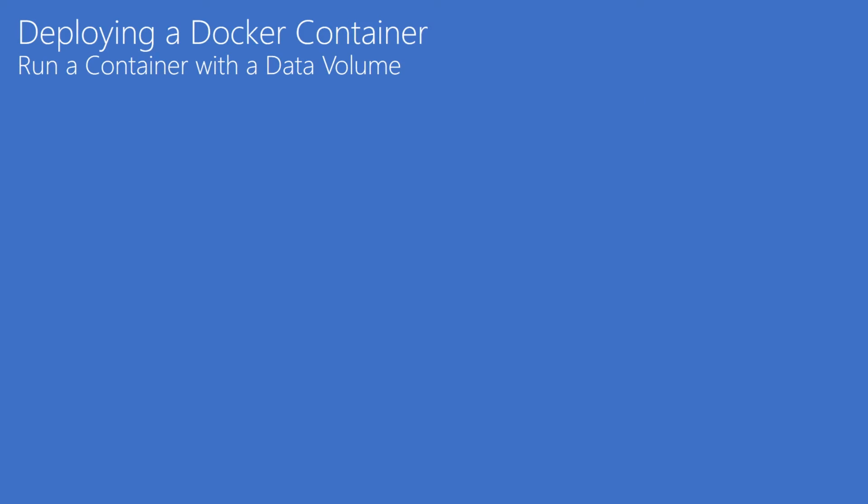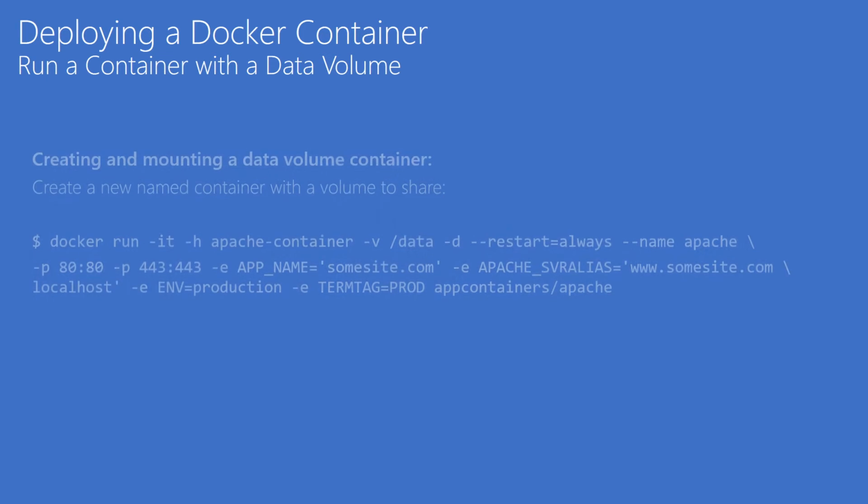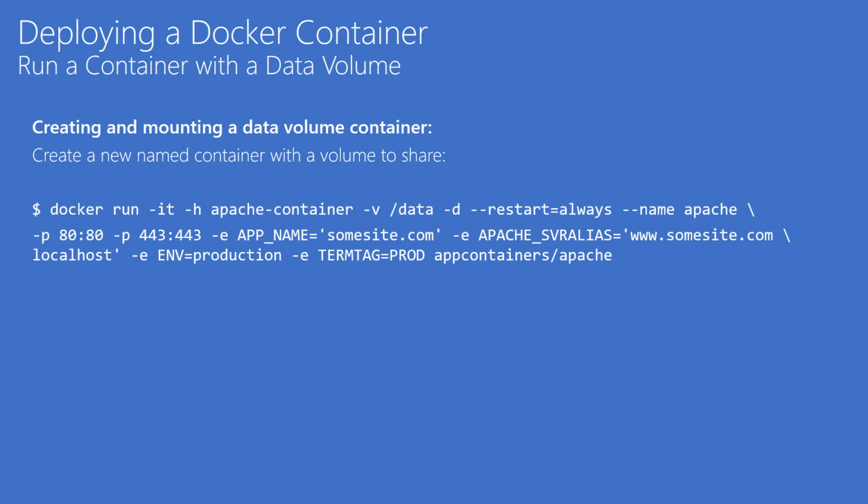You can add a data volume to a container by using the -v flag, as seen here, -v /data. You can use -v multiple times to add additional data volumes to your container. You can verify the details of your volumes by using docker inspect and the container name.